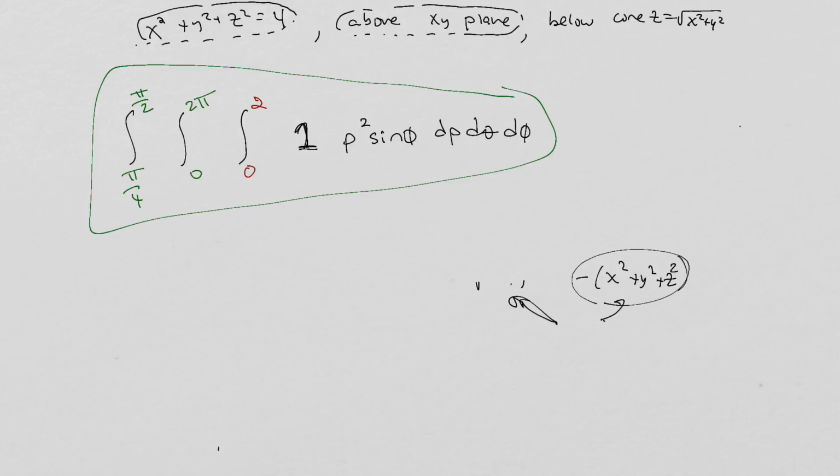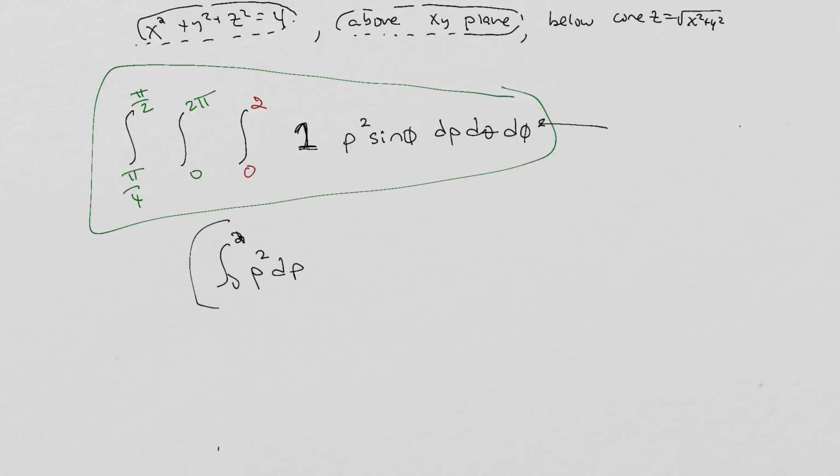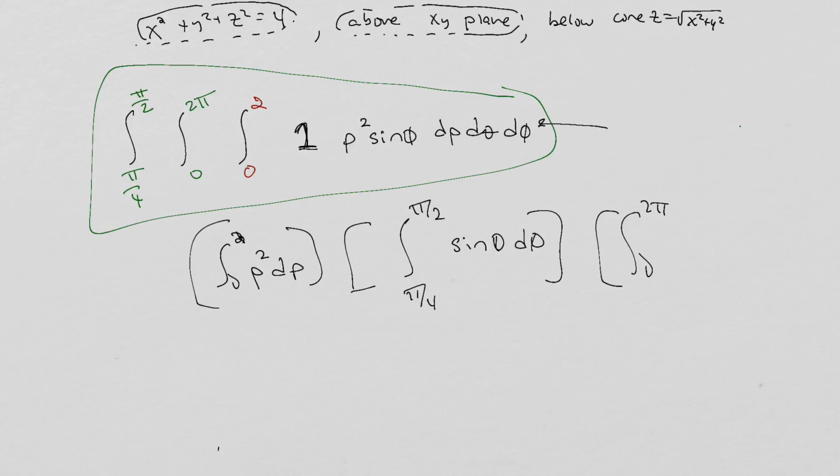Again, any questions on how we got those bounds? All right, just to show you, this thing actually is separable. I could rewrite this integral, since they have really nothing to do with each other, as the integral from 0 to 2 of rho squared d rho, and then the integral from pi over 4 to pi over 2 of sine of phi d phi, and then the integral from 0 to 2 pi of, well, there's nothing there, just a d theta.